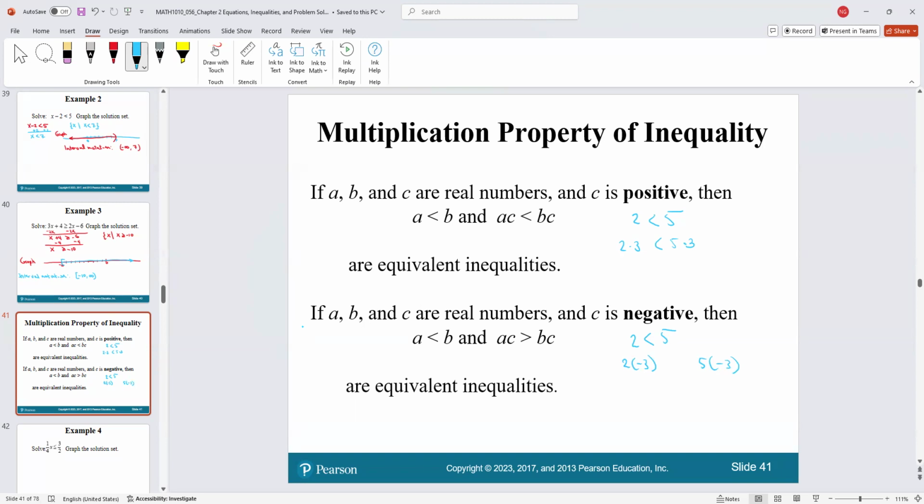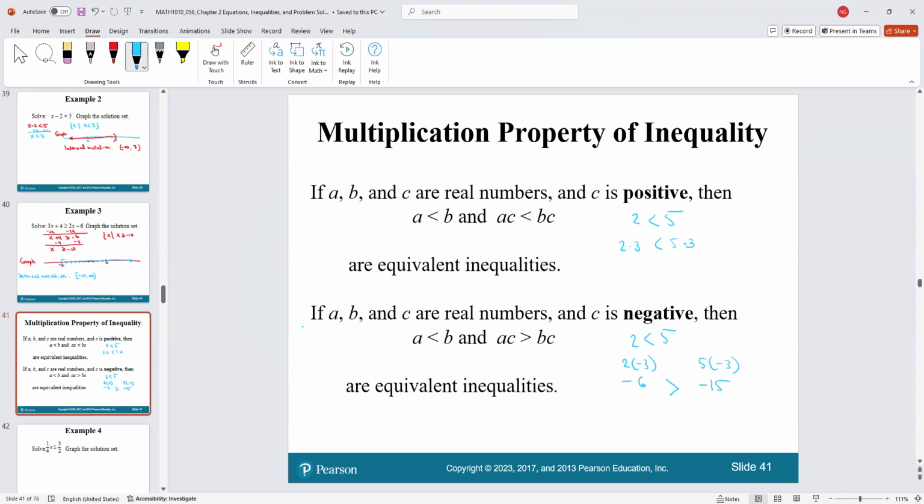Now you have negative 6 and negative 15. With a negative sign, the number, even though it's bigger, becomes smaller. So you need to reverse the inequality symbol. That's why anytime you have a negative in front of the x term, when you solve to get rid of the negative, you switch the inequality symbol.